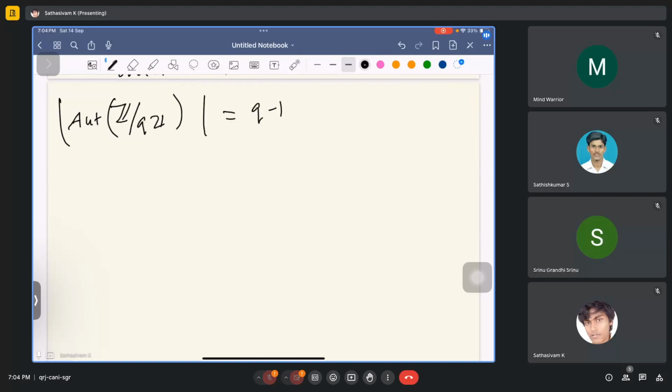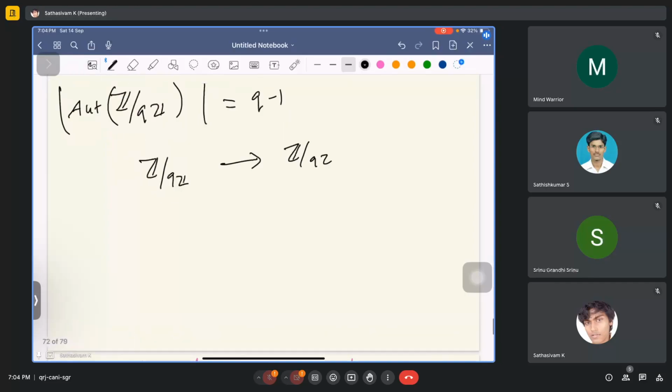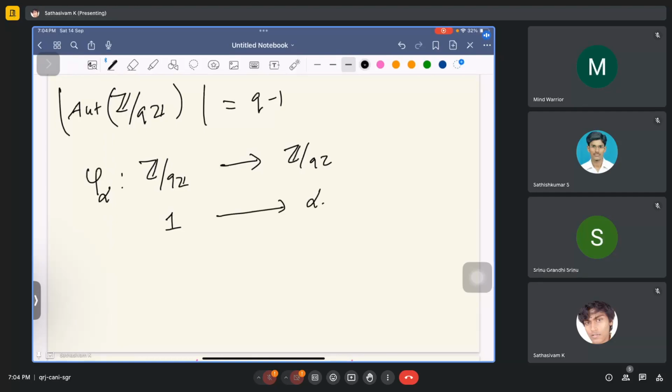So in Z mod QZ, you give an automorphism. You take 1, which is a generator, and call this phi alpha. Take this 1 and map it into alpha times 1, that is 1 plus 1 plus 1, alpha times.